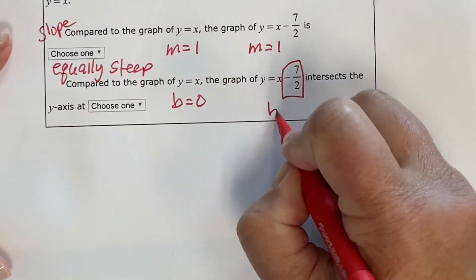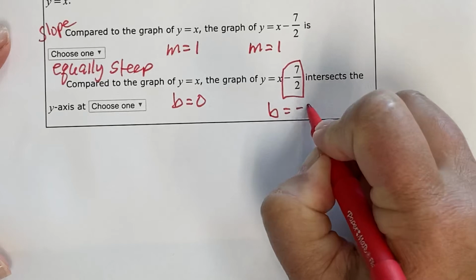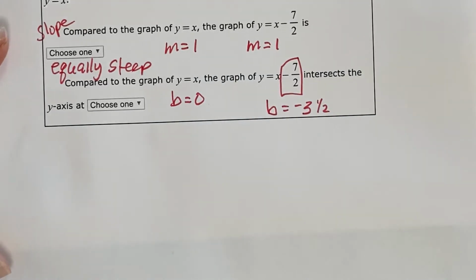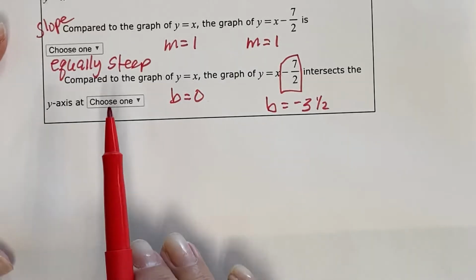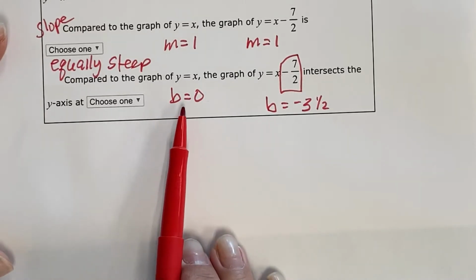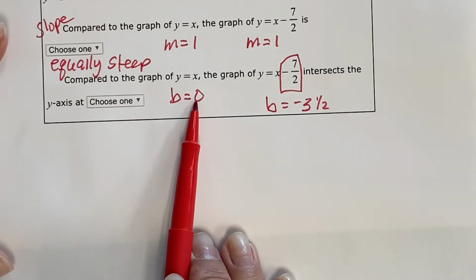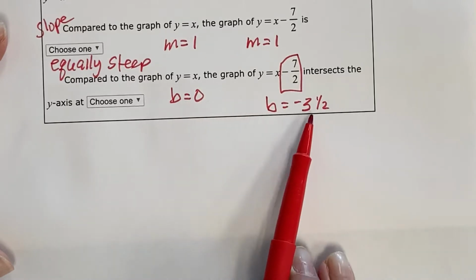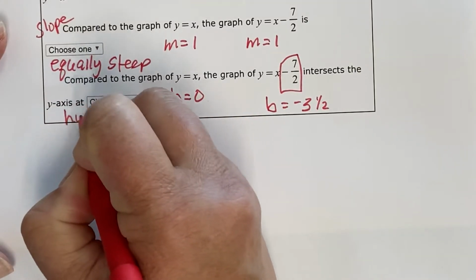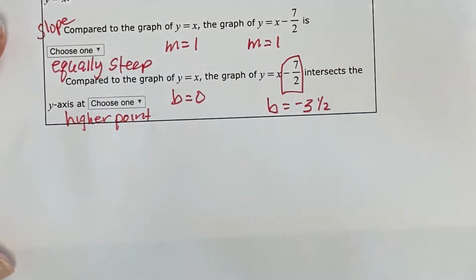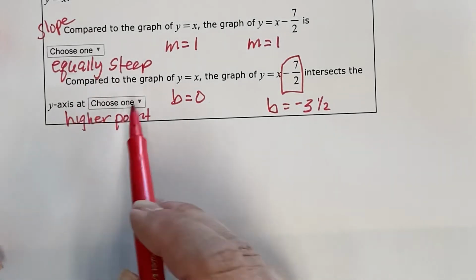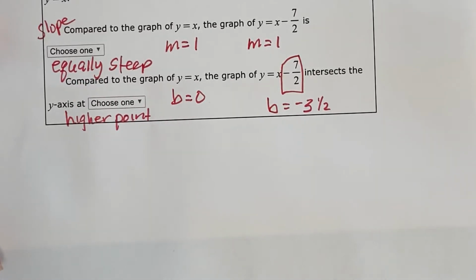So this one intersects at -3.5. So when you drop this one down, it's gonna say this one intersects at a higher point. A higher point than that one. So this is not a hard assignment. You're just looking at these drop-down menus and you're just gonna choose the right one.